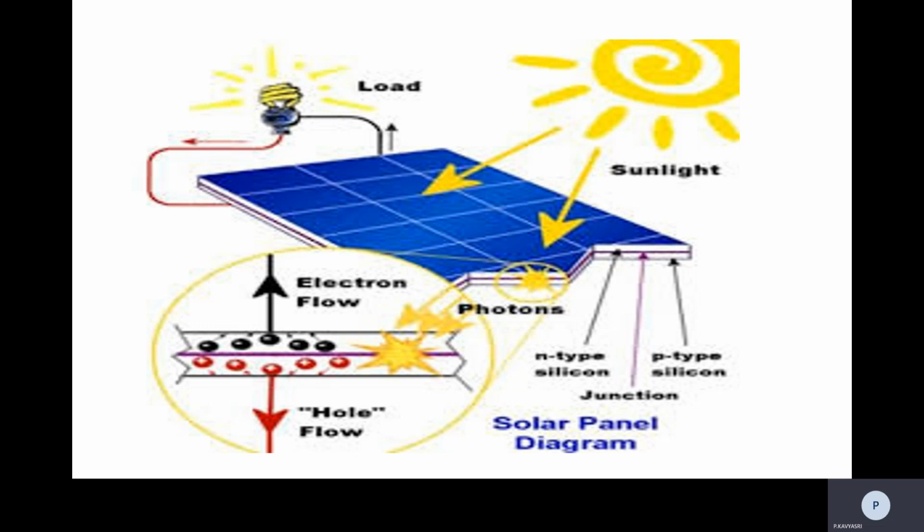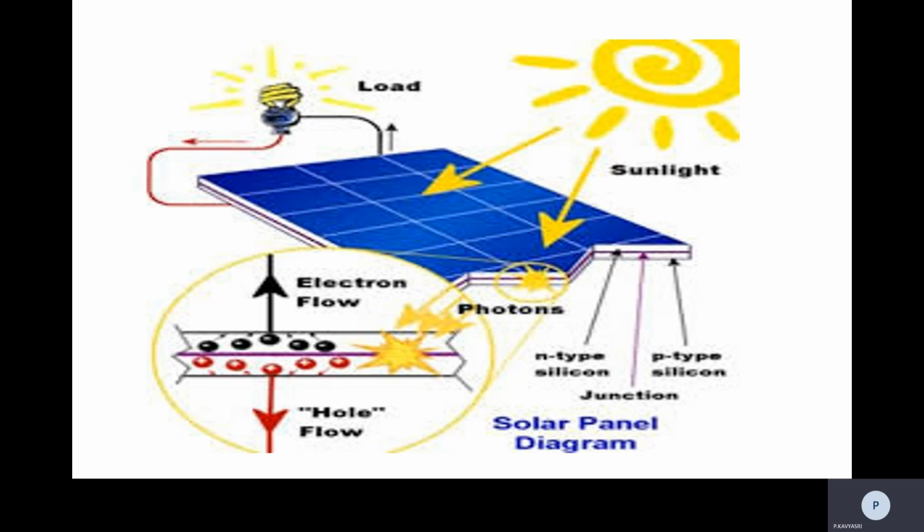Because of this potential difference between the two sides, a voltage is generated. So whenever we place a light there, it will glow. This is the concept of a solar cell, where we use the photovoltaic effect.